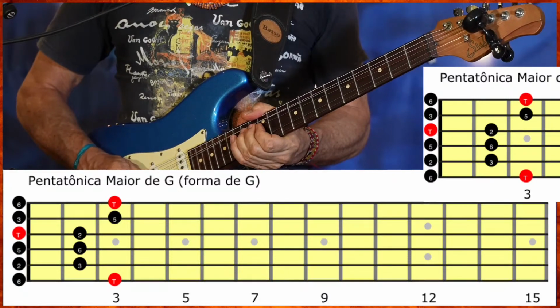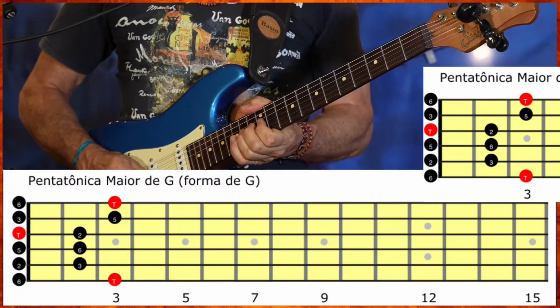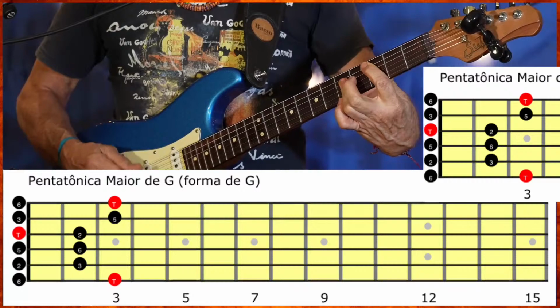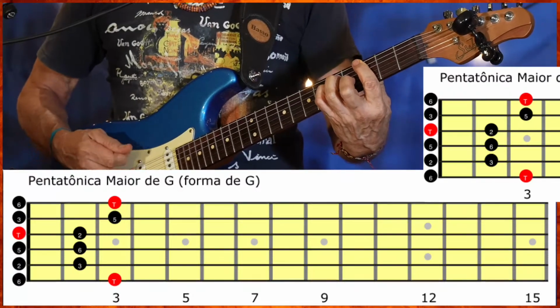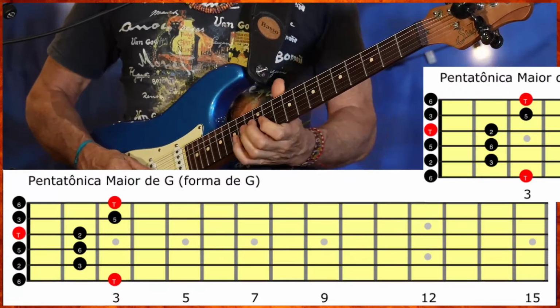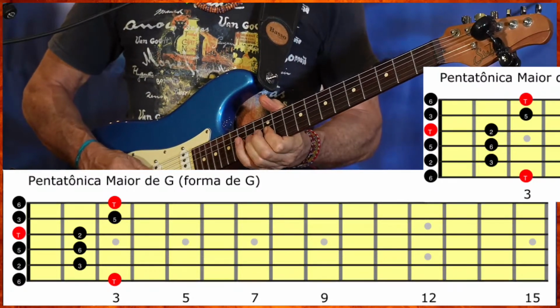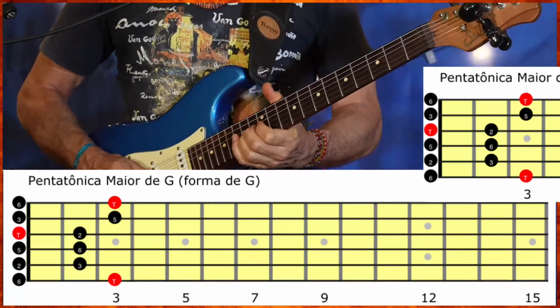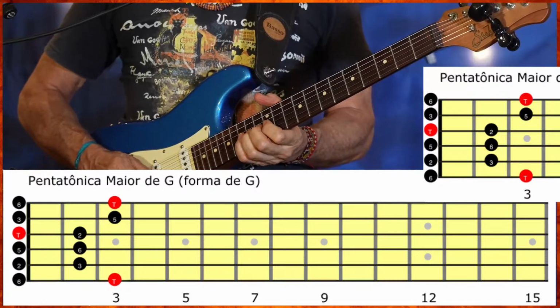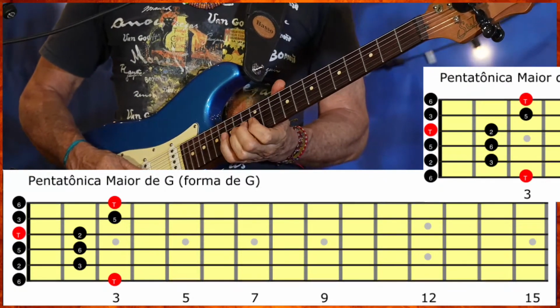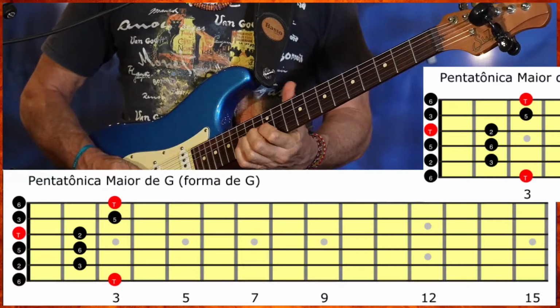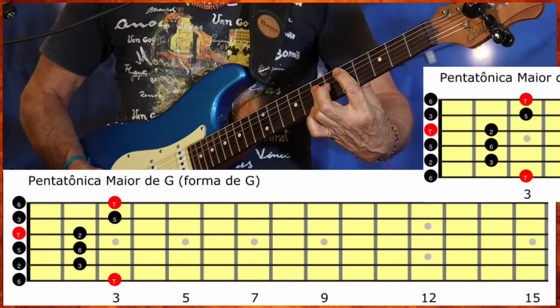I'm going to go down. Now I'm going to bend up, so now I'm going up to a B, but back down to an A, because the A is in the D chord.